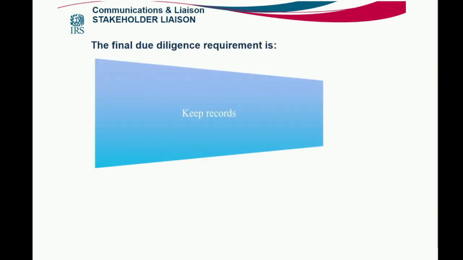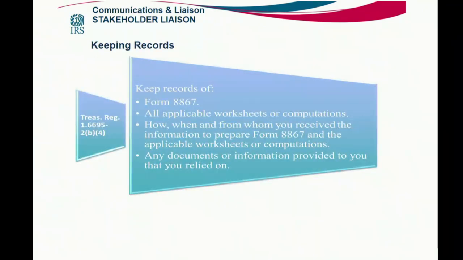The final requirement is record retention. Simply said, keep all of your records used to determine eligibility and to compute the credit. Next slide, I'm going to go over the specifics of this requirement. So that means keep copies of that Form 8867 and the applicable credit worksheets, along with a record of how, when, and from whom you obtain the information used to prepare them.